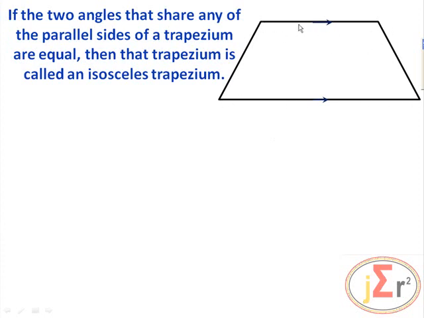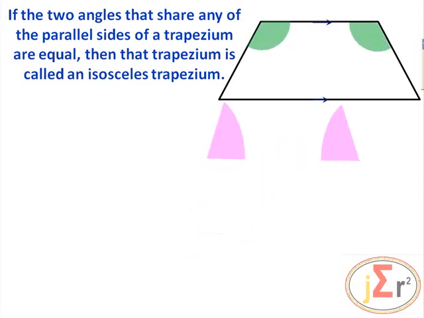If we have two angles that share this side and the two angles are equal, then the trapezium is isosceles. And this is another of the parallel sides. And we have two angles that share these parallel sides and they are equal. Then that makes the trapezium an isosceles trapezium.